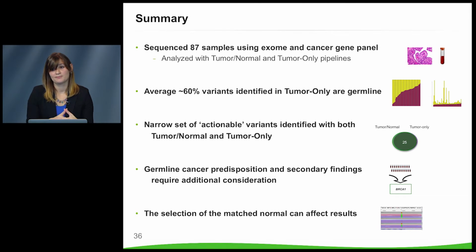But the absolute number of variants remains constant across a variety of samples. We saw that when you strictly define a set of actionable variants, both tumor-normal and tumor-only perform equally well. We find that the burden of germline classification for secondary findings is high, and the matched normal itself presents its own challenges, as we showed with the adjacent normal contaminated by tumor.